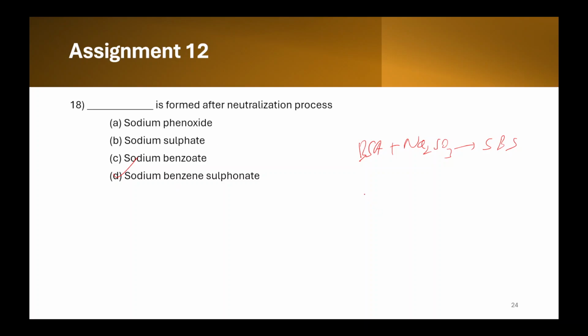Sodium benzoate is a carboxylic acid salt, and sodium benzene sulfonate is a sulfonic acid salt. These are both salts, but from different acids. Sodium benzoate is from benzoic acid. The acid here is benzene sulfonic acid.